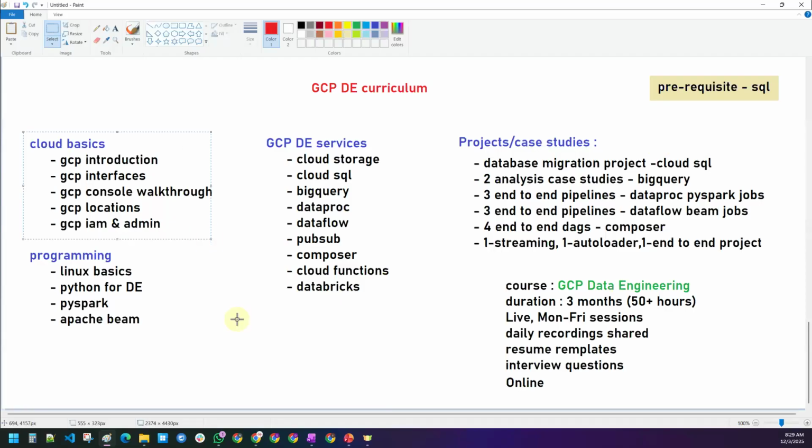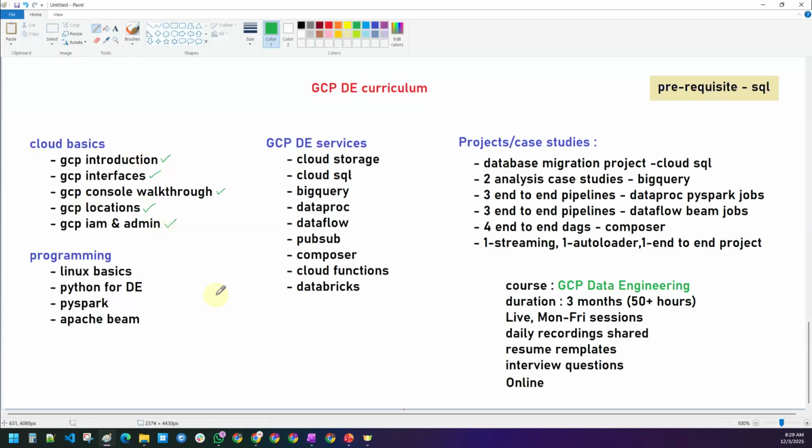Coming to the course curriculum, we will be starting our course with the cloud basics. In this, I am going to talk about the Google Cloud introduction, GCP interfaces, and console walkthrough. In the console walkthrough, I'm going to tell you how to create a free tier account in Google Cloud Platform, and also GCP locations and IAM and admin.